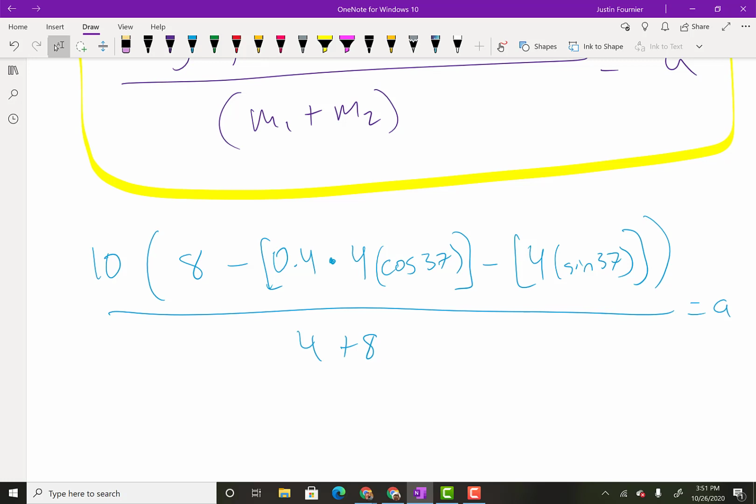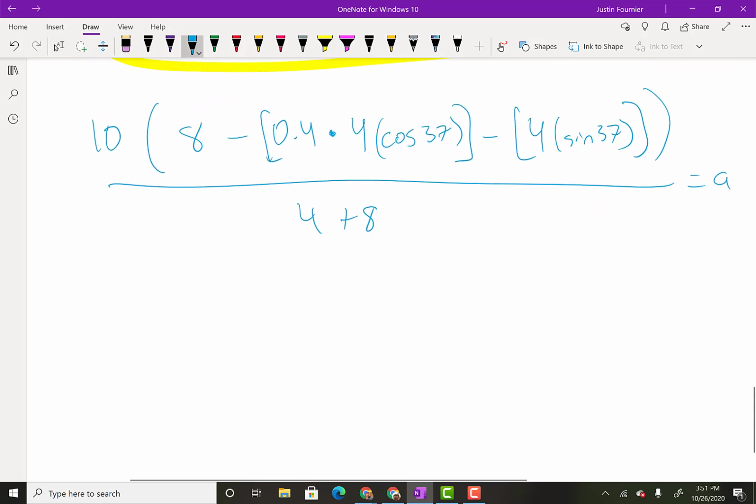All right, so I got 8 minus 3.59 basically, minus 2.4, and then all that multiplied by 10, and then divided by 12. I'm getting about 20 divided by 12 equals my acceleration, 1.67 meters per second squared.